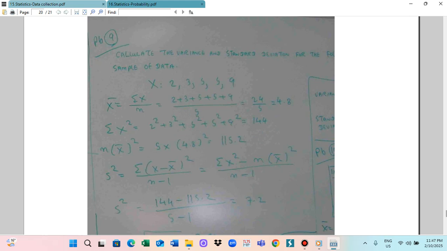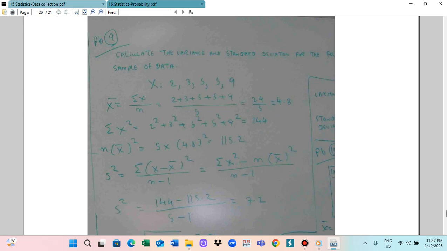Then you can calculate s squared. The formula for s squared is the summation of (x minus x bar) squared divided by n minus 1. This is equal to summation x squared minus n x bar squared, divided by n minus 1. The summation x squared we already calculated; it is 144.